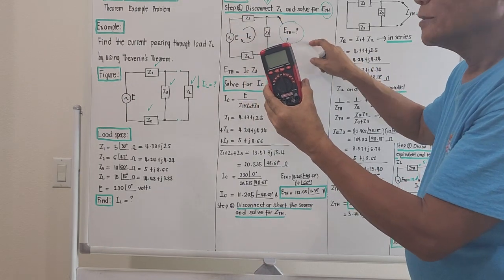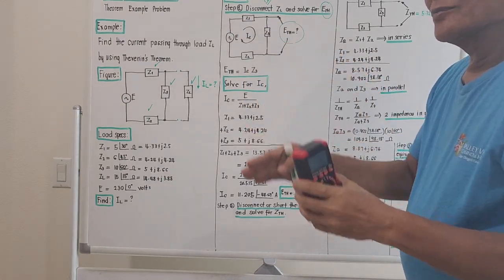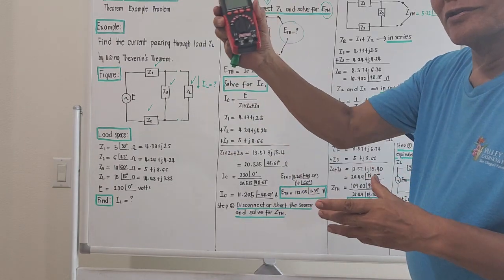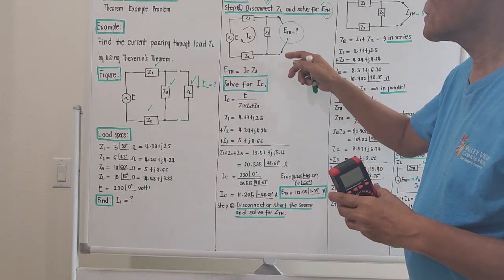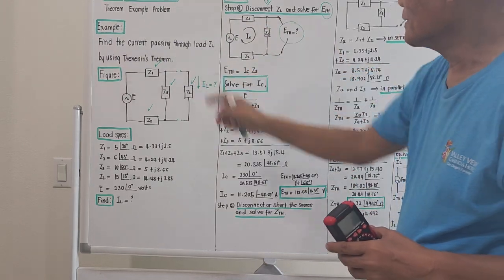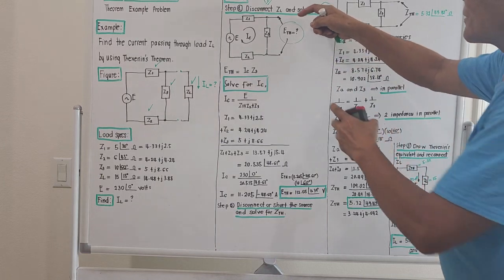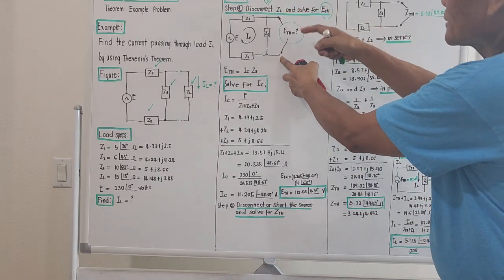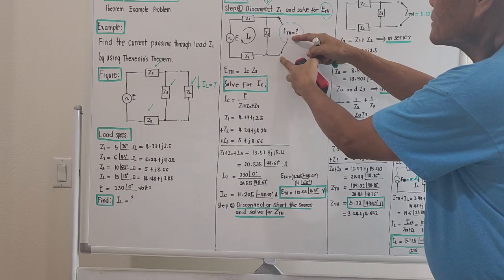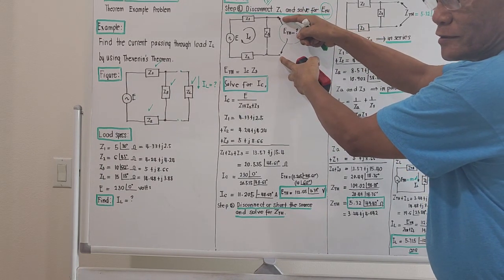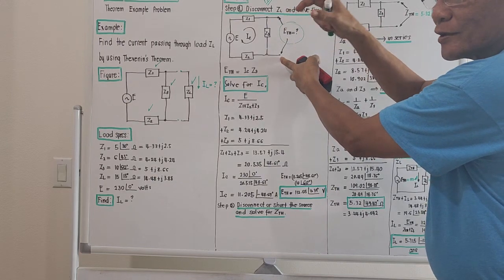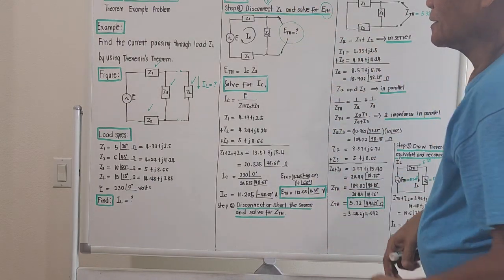But theoretically speaking, if we are on the blackboard, we cannot use this, so we must bring out the solution by using Thevenin's theorem. The voltage across this after the disconnection is actually E with the subscript TH, meaning the Thevenin's open circuit voltage at the terminals.